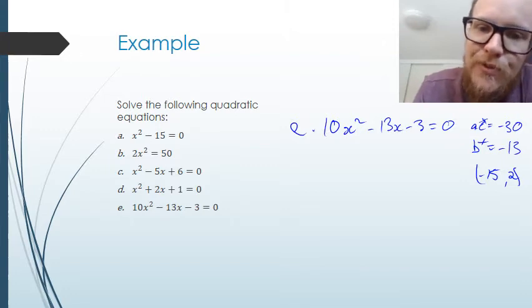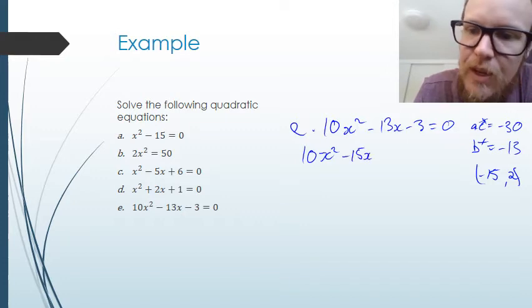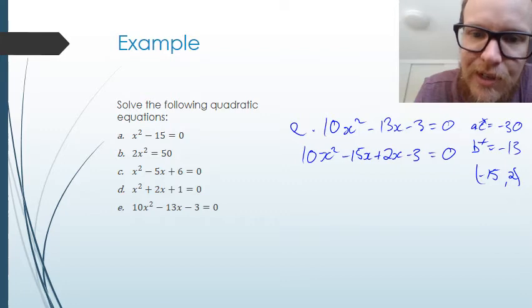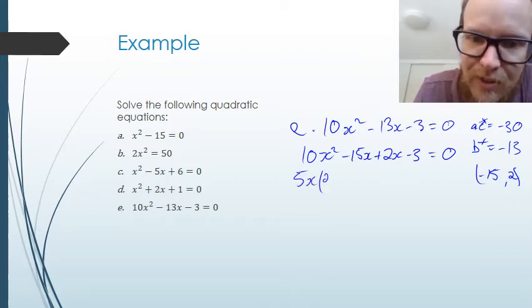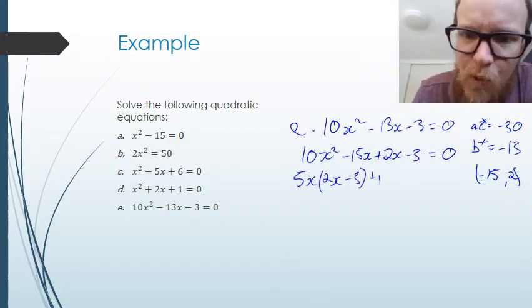So here we go. Let's factorize this. 10x squared minus 15x plus 2x minus 3 equals 0. Factorize the first two. Highest common factor is 5x. I'm left with 2x minus 3. Highest common factor of the next two is 1.